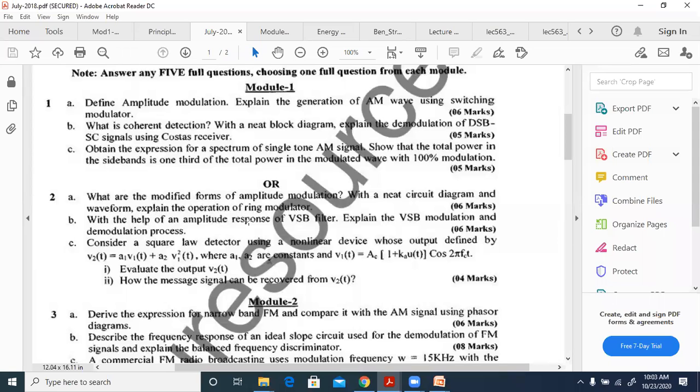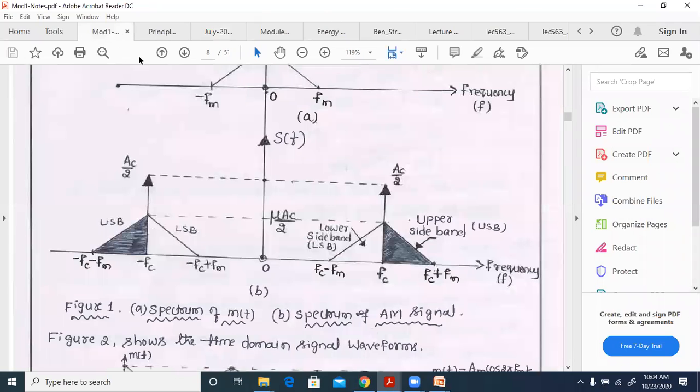With the help of an amplitude response of VSB filter, explain the VSB modulation and demodulation process. So both the generation as well as the reception component of VSB has to be explained, right? That is there in the notes.